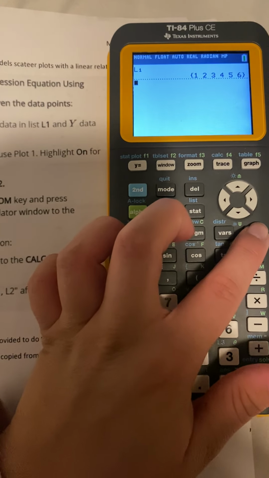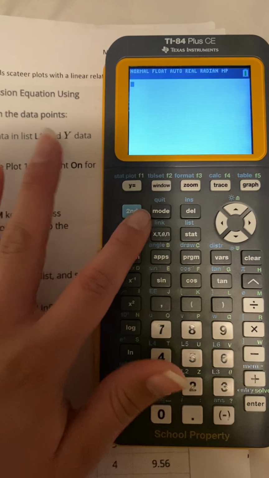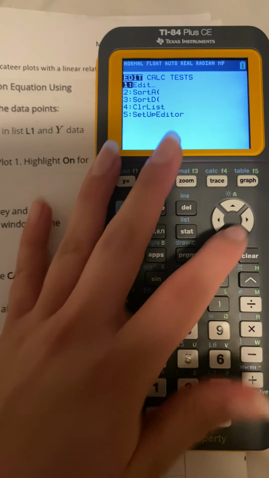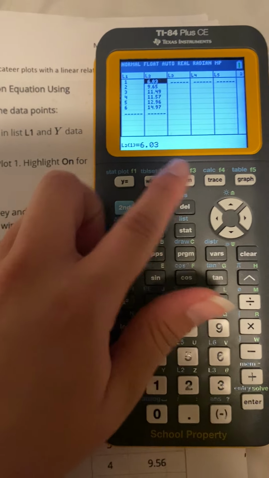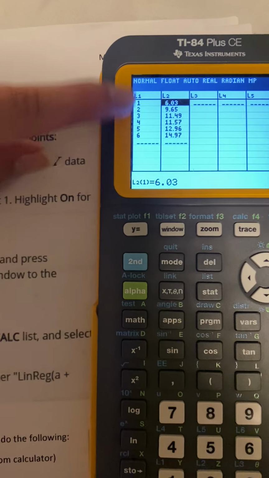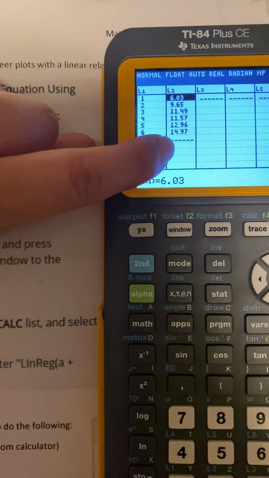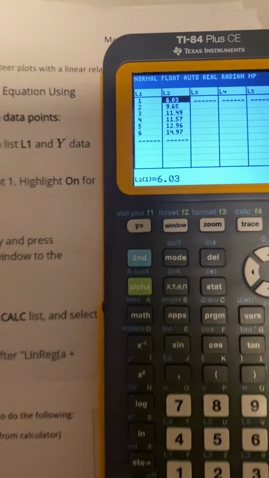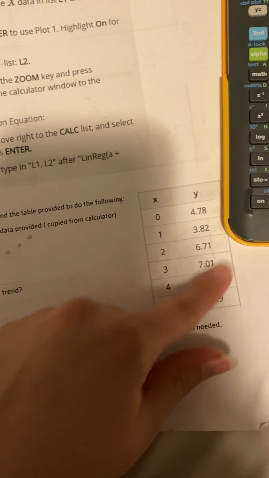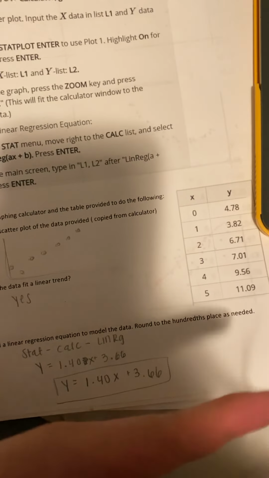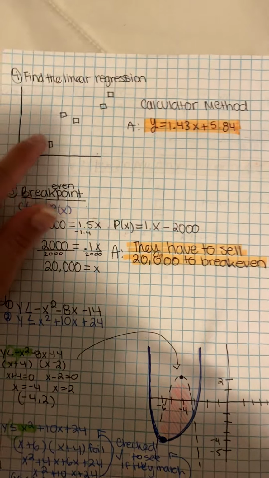I did it a lot for other problems, so it's kind of a mess right now, but I did it that way. And then I need to make sure that I have my L1 and my L2 separated, and that I plot exactly the points that I was given. For example, these, but the other ones that belong to this problem.